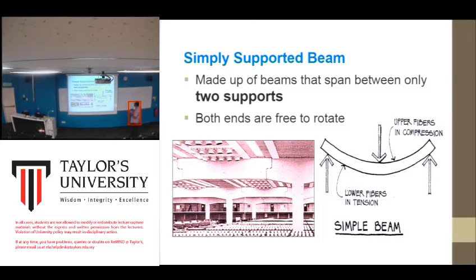This is the behavior: when load is applied on that beam, it will tend to bend. This type of beam is free to rotate because it is not fixed to the structure or to the column, compared to the fixed beam, which we fix using rigid connection or semi-rigid connection. But this one we just put on top of the support.